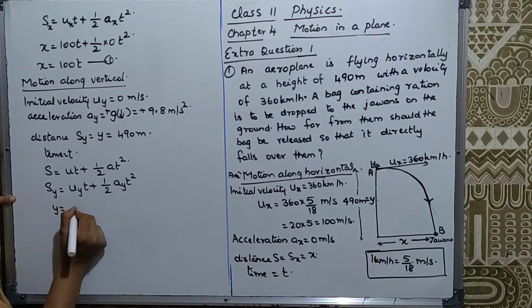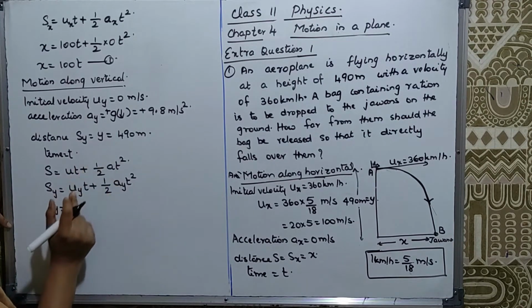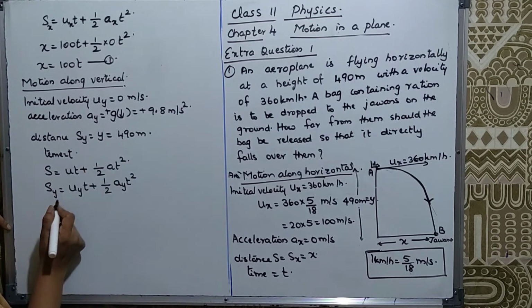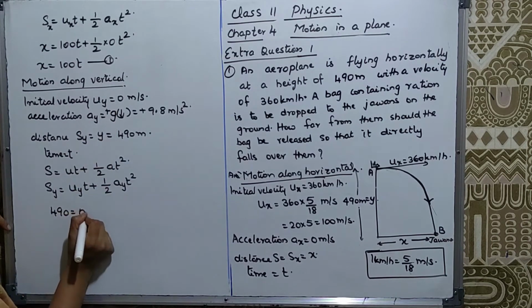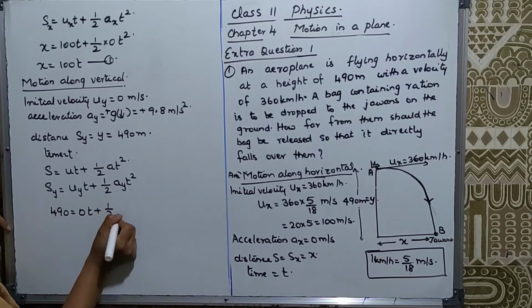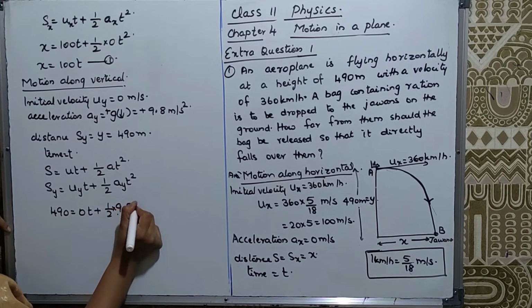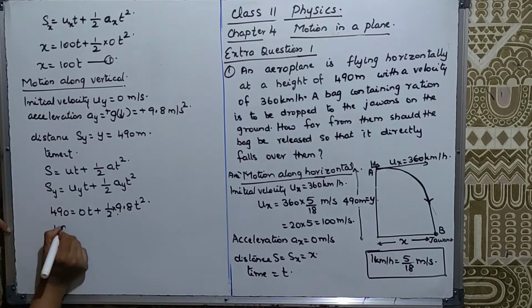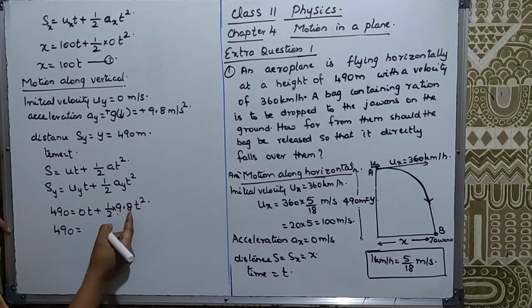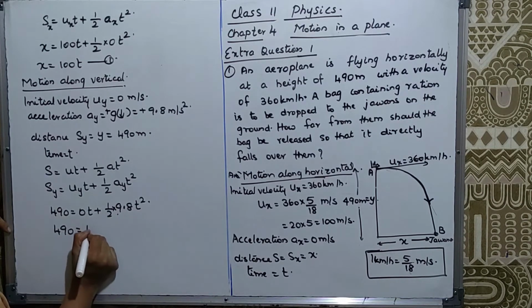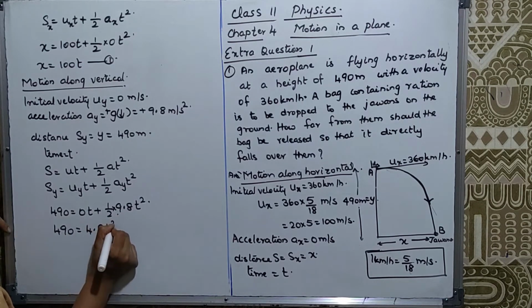So in the place of y, 490 equals uy is 0, t, plus half ay, which is g, t squared, or half into 9.8 t squared. So 490 equals half and 9.8, 0 t will be 0 only. When we cancel the 2 and 9.8, we get 4.9 t squared.